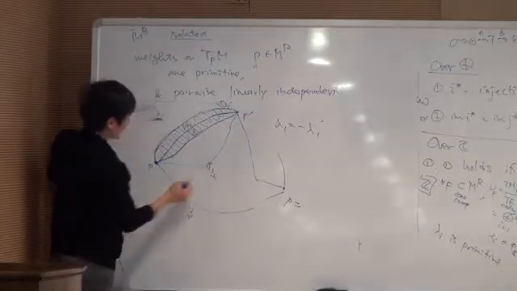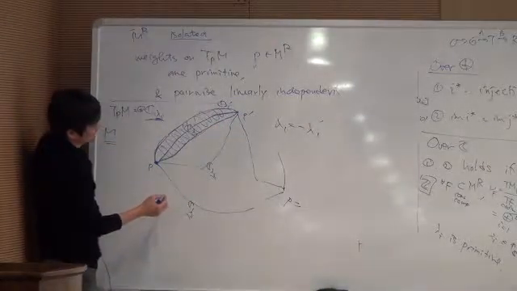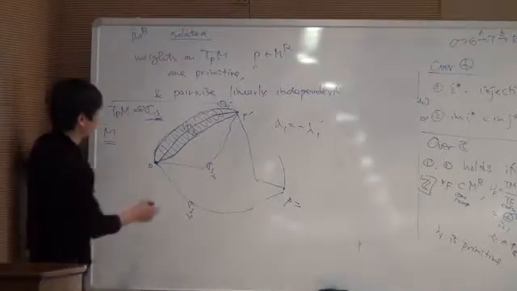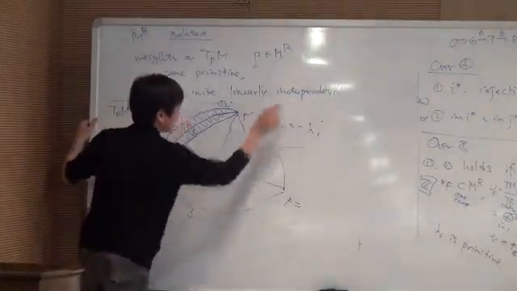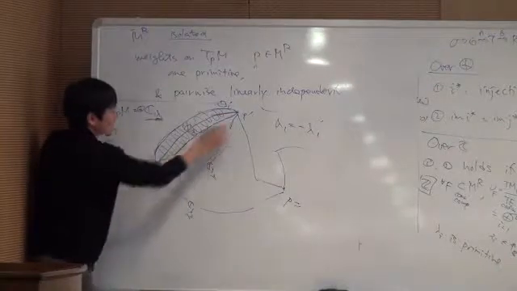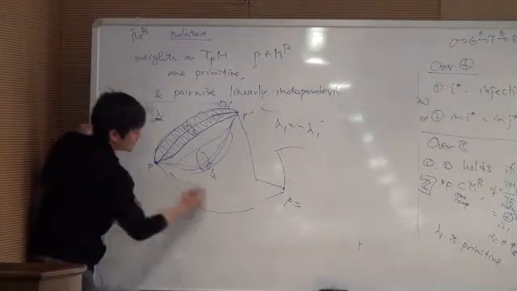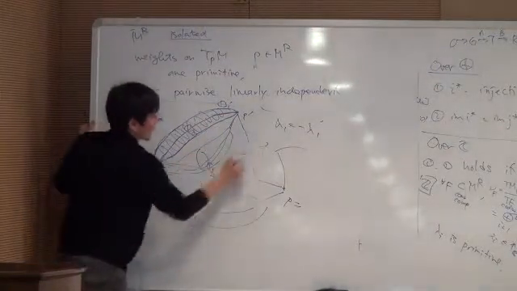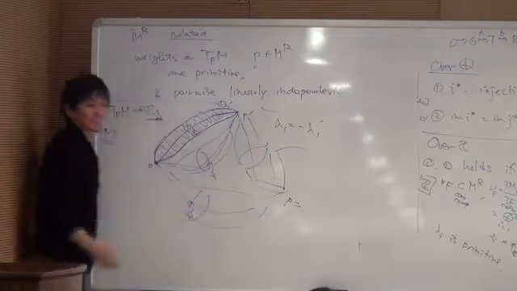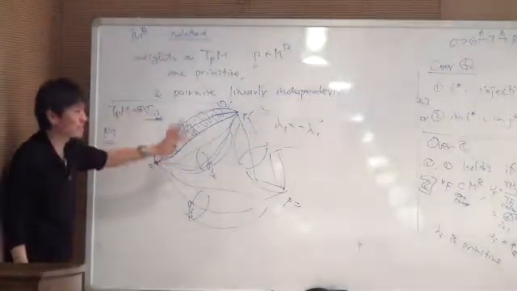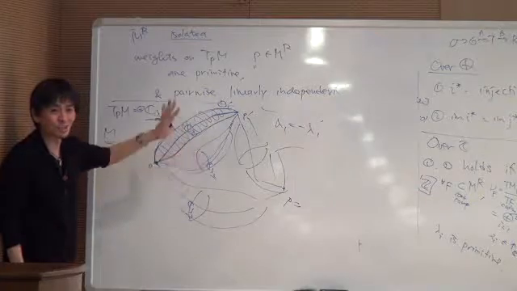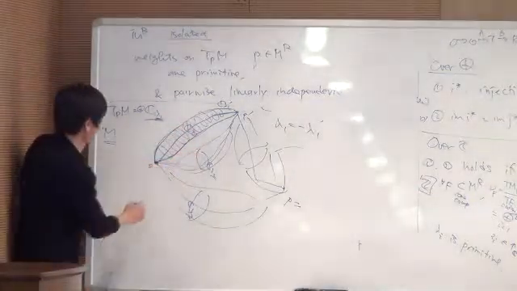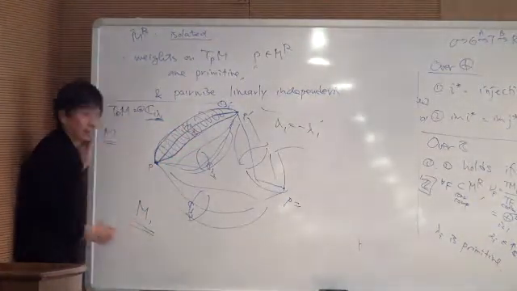I'm missing something, but anyway, there is something over here. So for each of those edges, you have a P1. I hope this makes sense. And those are exactly the picture of the one skeleton, M1.